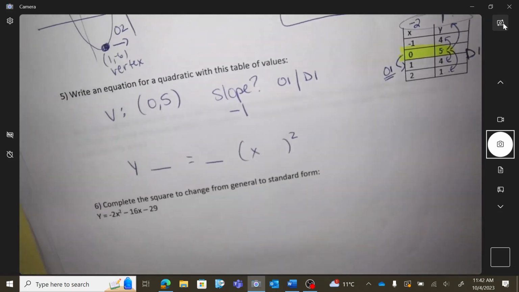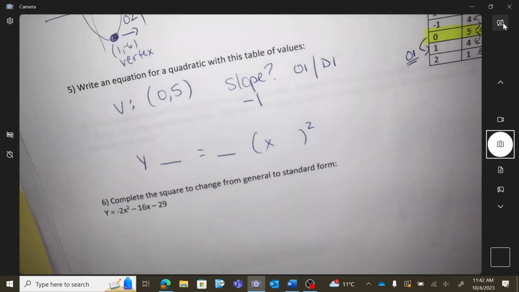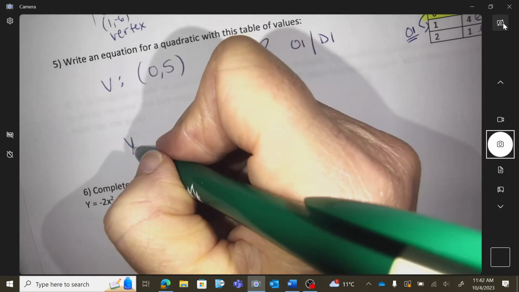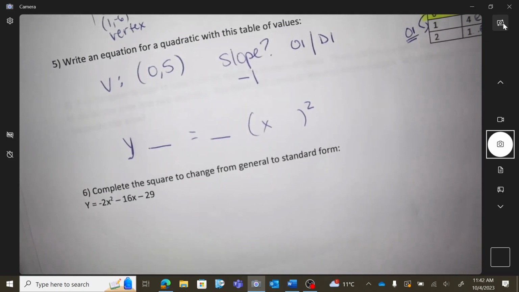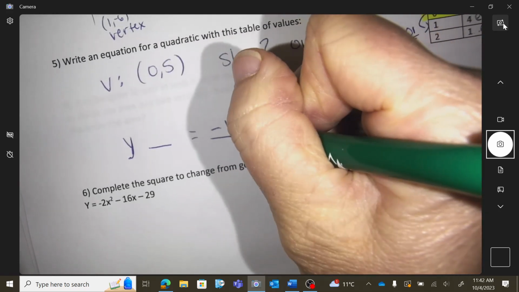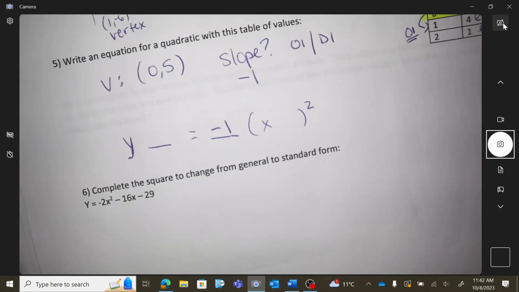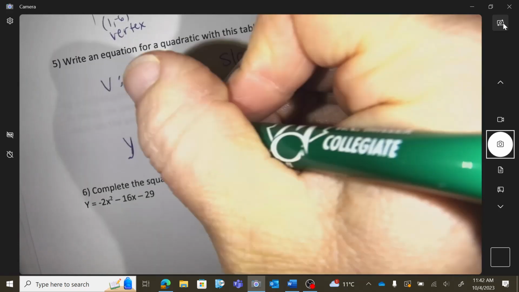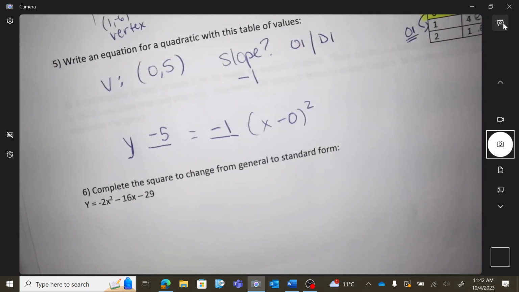Okay, so I'm going to use the same format. I'm going to use this formula, and I'm going to plug in my stuff. Okay, so I'm going to put a -1 in front of the bracket multiplier. 0 would go there, -5 would go there.